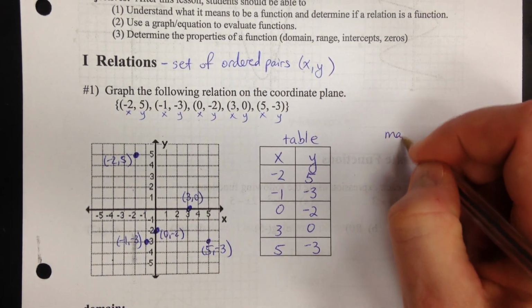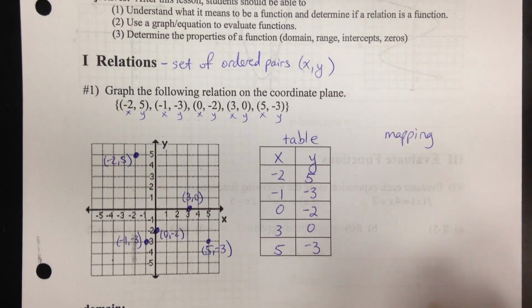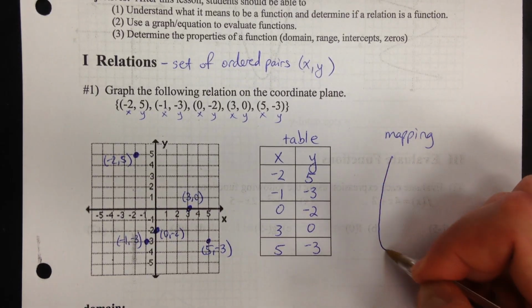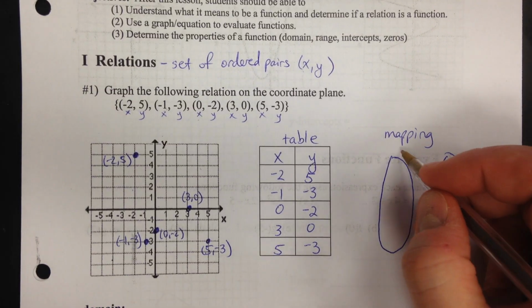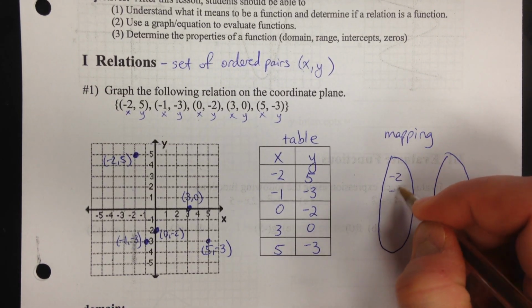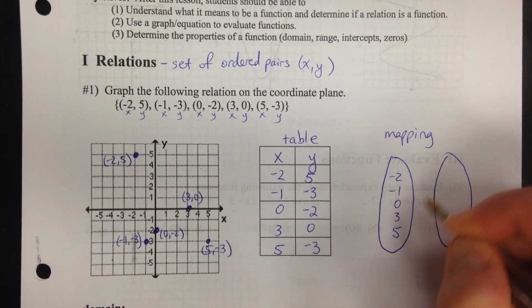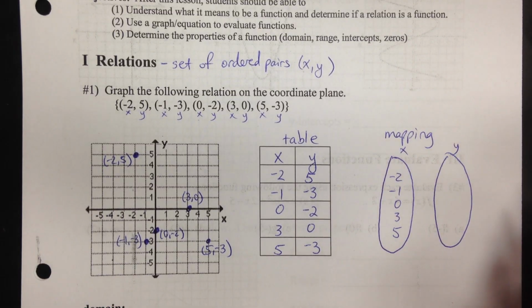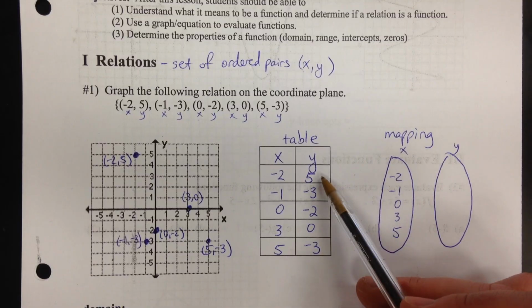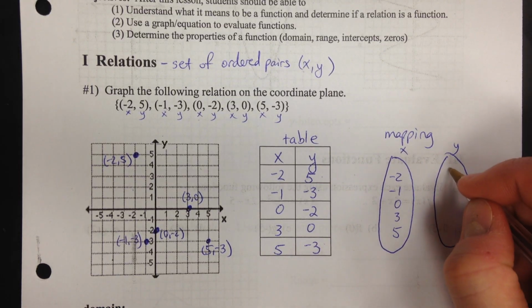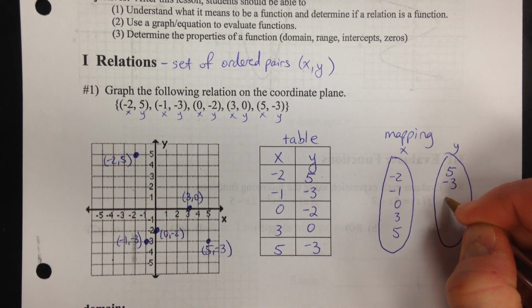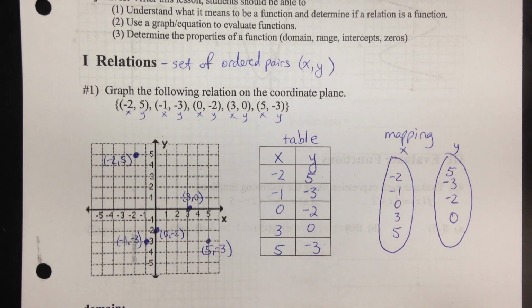We can also do what's called a mapping. A mapping is two ovals, and we put the x's in the first oval, and we put the y values in the second oval. Now with the y values, notice that negative 3 actually repeats. So when I write these down, I don't need to write negative 3 twice.